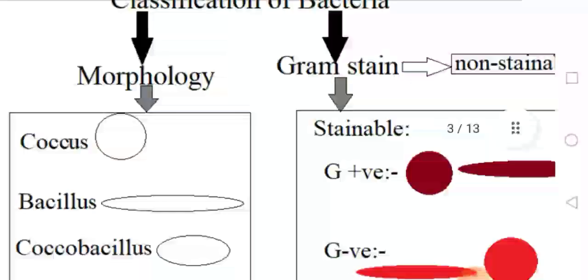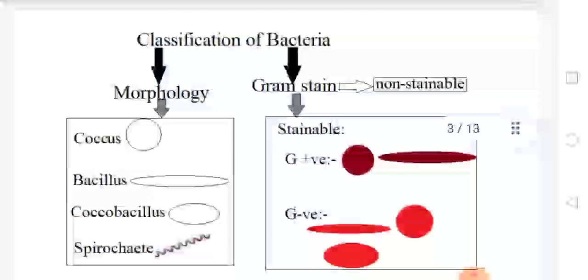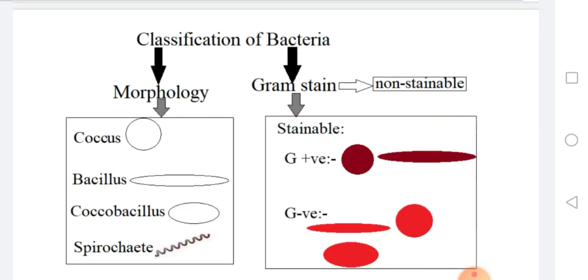Classification of bacteria. They are classified according to their morphology, their shapes, and their stainability to gram stain. Regarding the morphology, the bacteria can be cocci, which are rounded, circular. The singular is coccus.